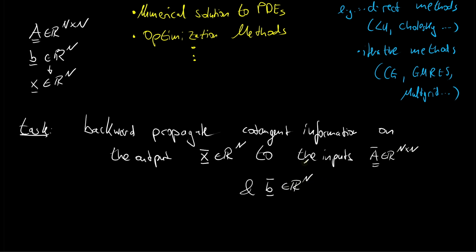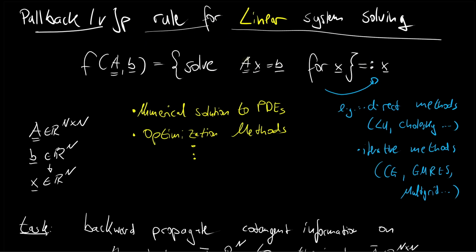Our goal here is to find a rule which applies to the numerical system solving, considering it as some sort of a super node in our computational chain. So we do not want to open the black box of the numerical solver and want to leave it solver agnostic. So we want to find a way to backpropagate that information without making the reverse mode AD engine accessible to the computational steps, for instance, in the LU decomposition or in the conjugate gradient.